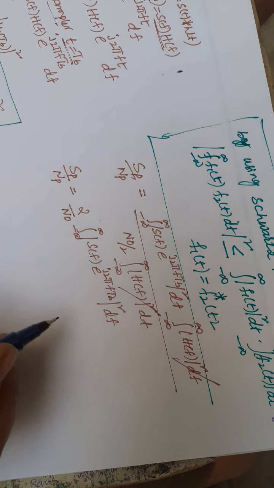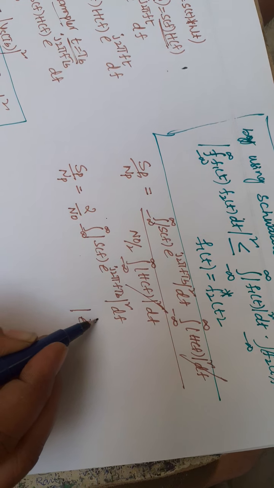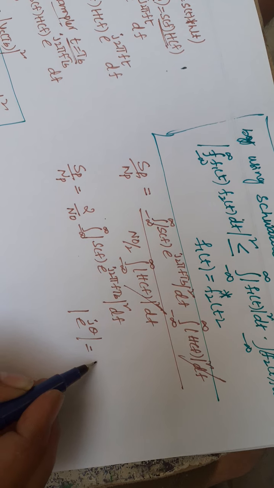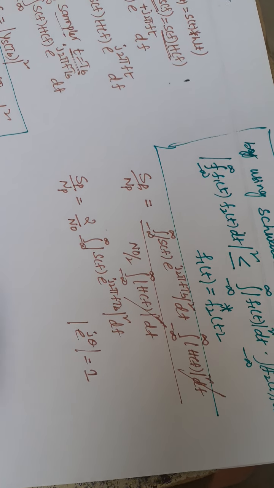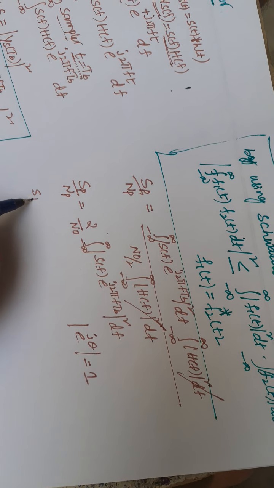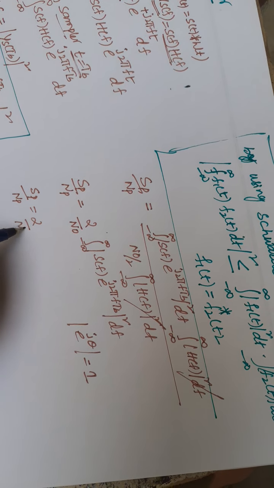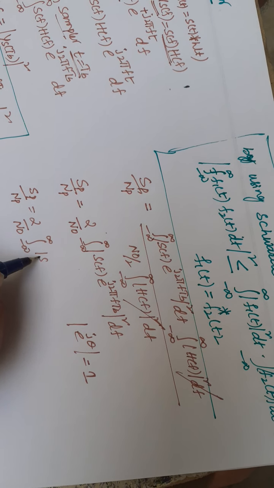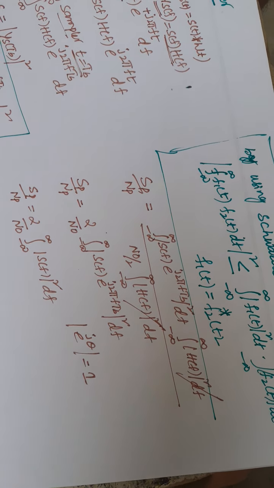We know the simple fact that the modulus of e^(jθ) is equal to 1, right? So here signal power by noise power is equal to 2 by N0 times the integral from minus infinity to infinity of modulus S(f) whole square df, right?